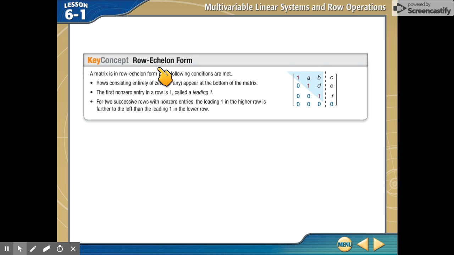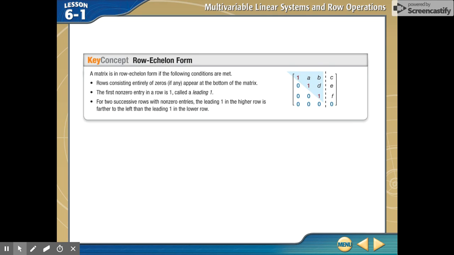The idea with row echelon form is we're basically going to have one of our first variable, one of our second variable, one of our third variable, and then potentially something down here where it's a bunch of zeros. We're trying to reduce values so that we can simplify what our expressions look like.